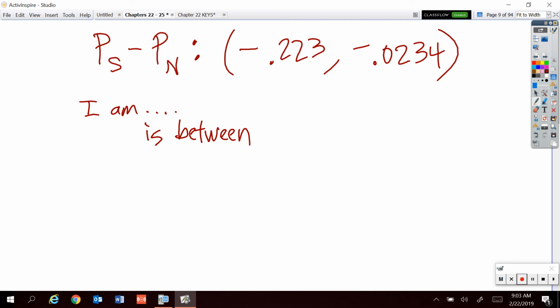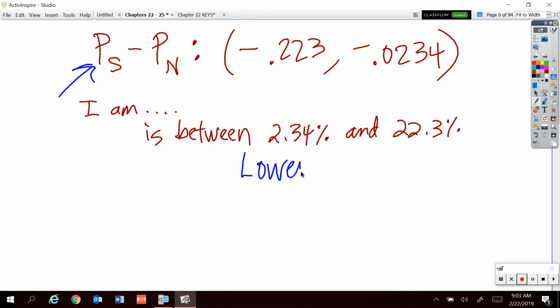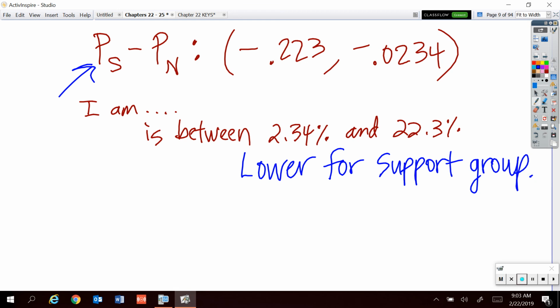So I would still say between 2.34% and 22.3%, but how does it become different if these were negative numbers in the interval? Yes, you could say then lower for P of S. Okay? So lower for the support group. So that makes sense, that if I have positive numbers, then the first proportion is higher. And if I have negative numbers, then the first proportion is lower.